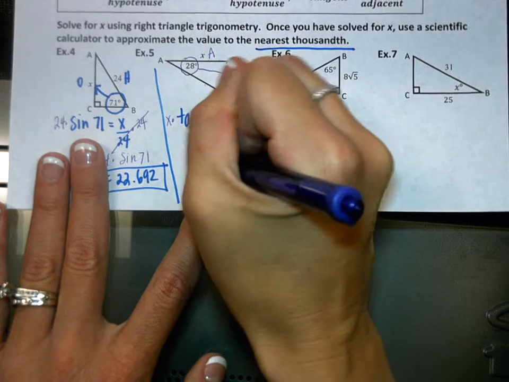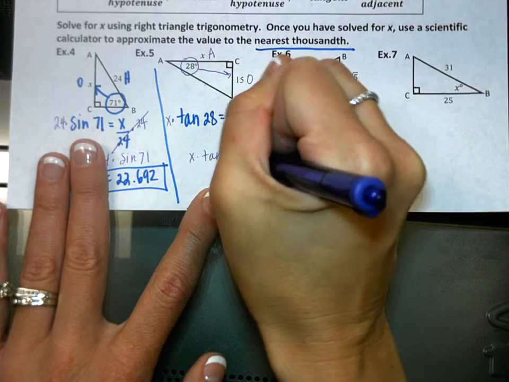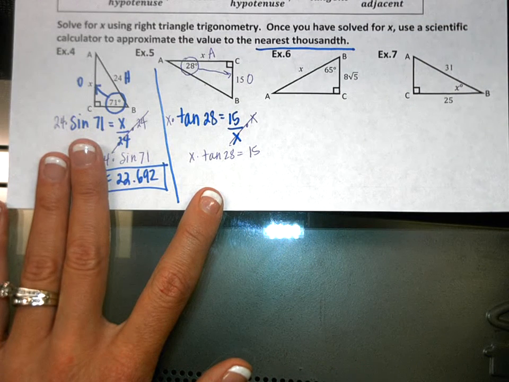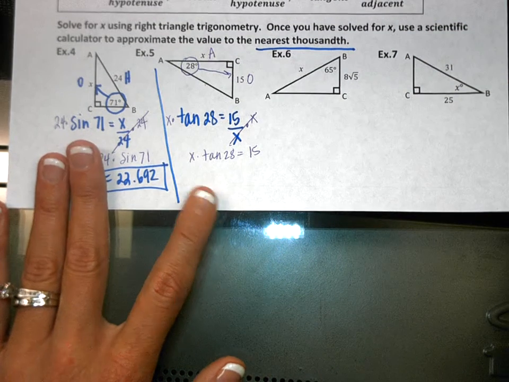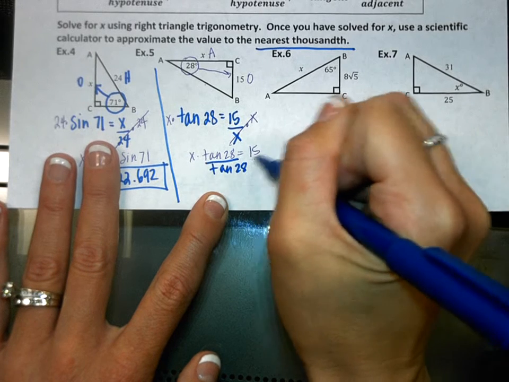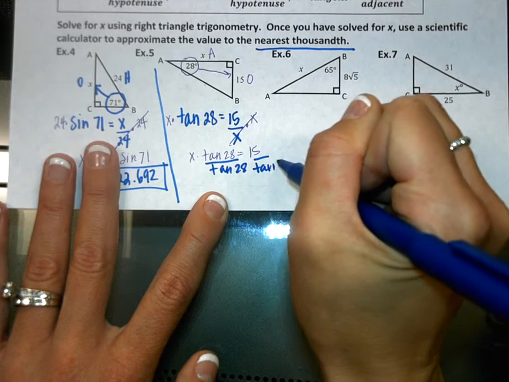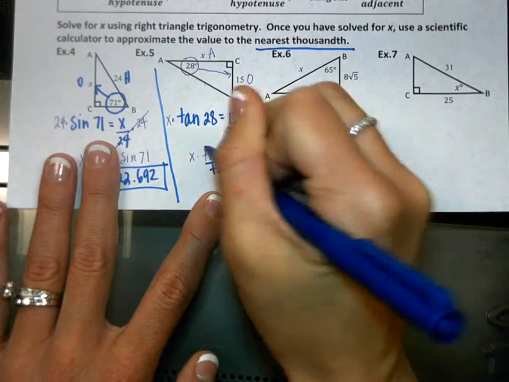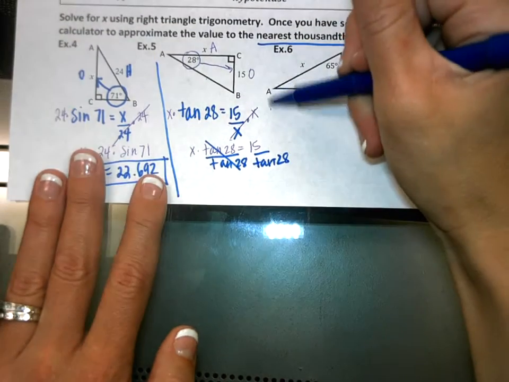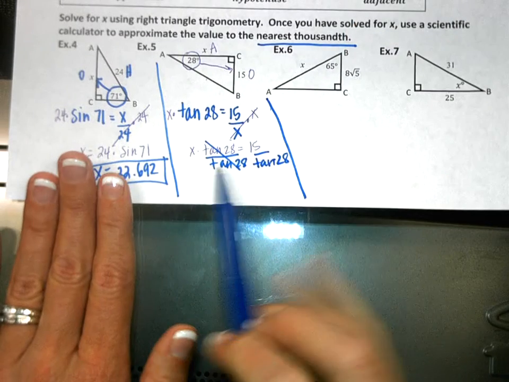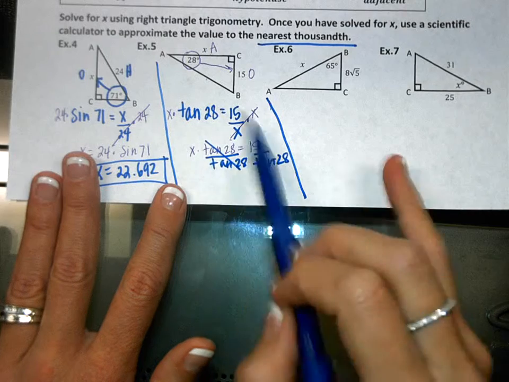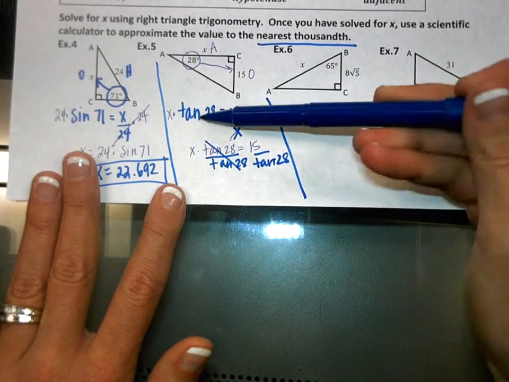So we have x times tan 28 equals 15. What would I do? You would divide by tangent of 28 to both sides. Now, there will be a time, and maybe that time for you is now, that you'll figure out that every single time you have a problem set up in this way, you're going to end up with 15 divided by tangent equals x.